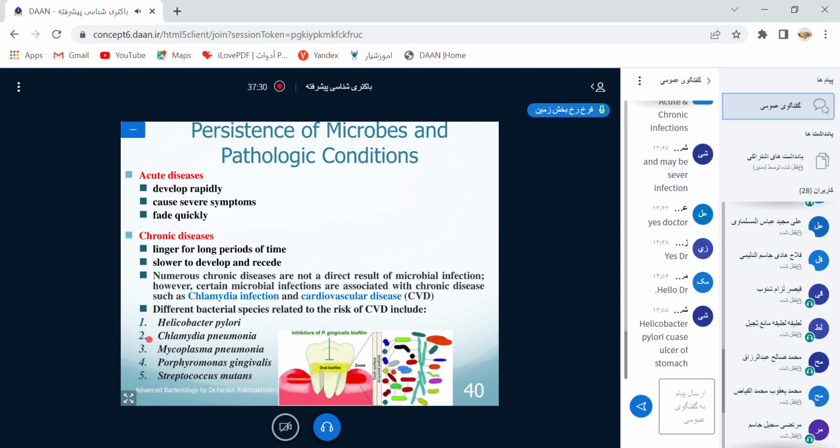Those bacteria in the lung can have secondary involvement of the heart by CVD. And numbers 4 and 5, which are present in the mouth along with the infection and problem in the main place, the teeth and gingiva, can be the causative agent for CVD of the heart also.